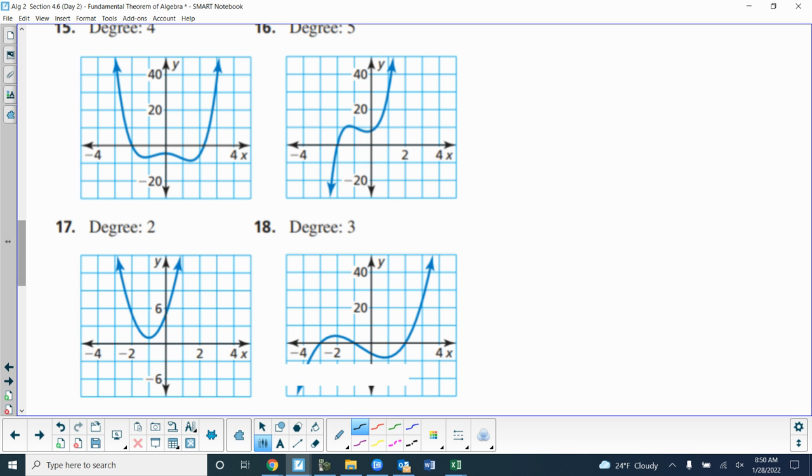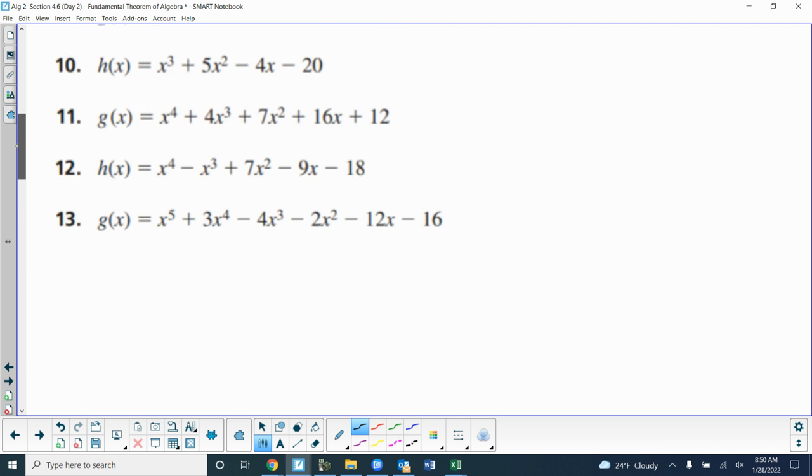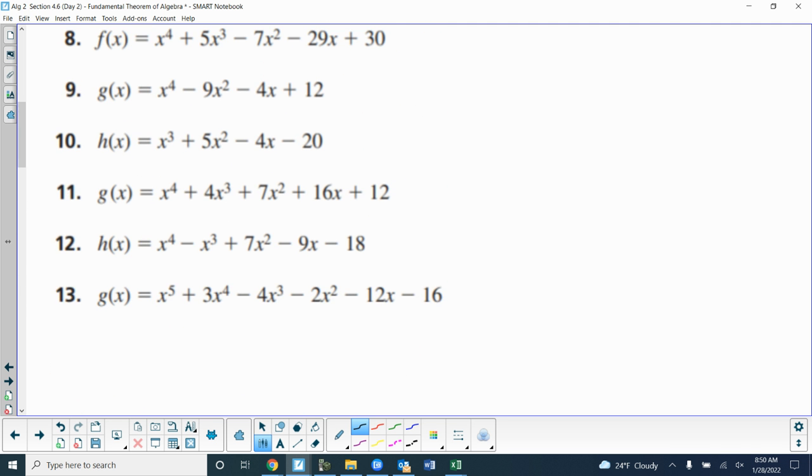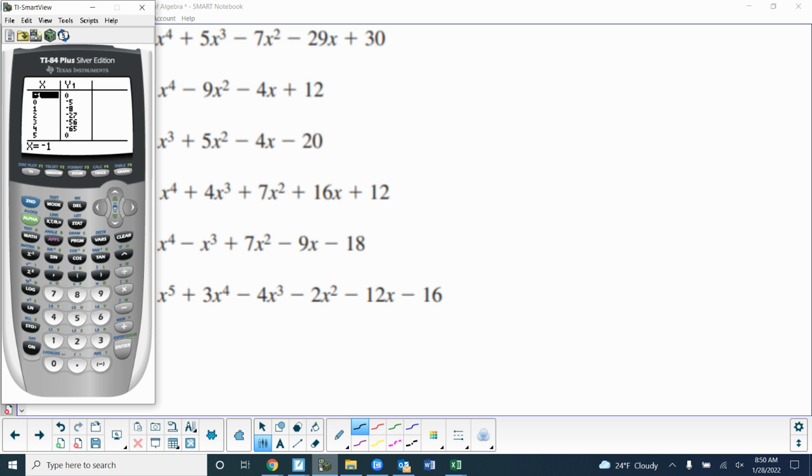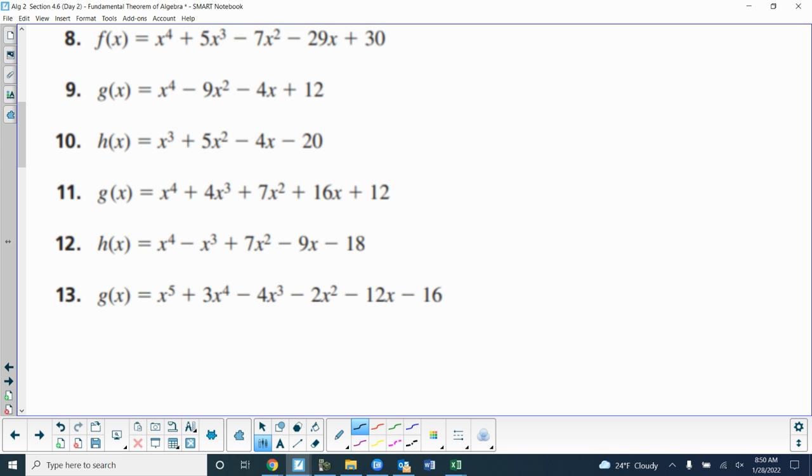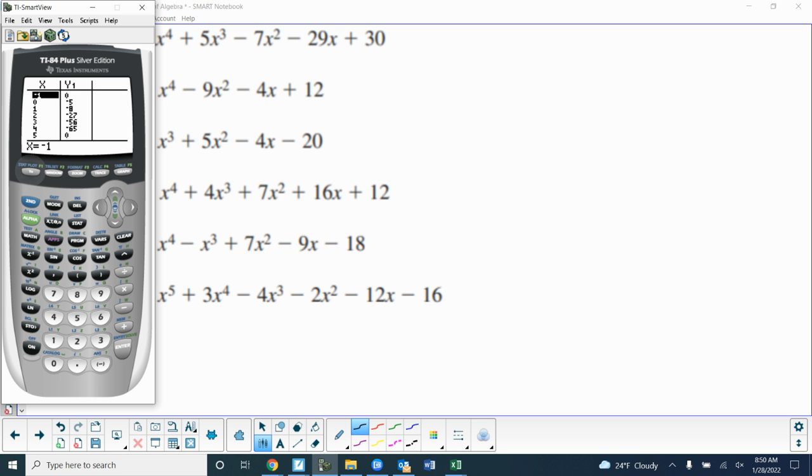11. Okay. So let's go back to 11. Let me get my hands down. All right, so when I look at my calculator, that's this one, right? With the 12 at the end. All right.